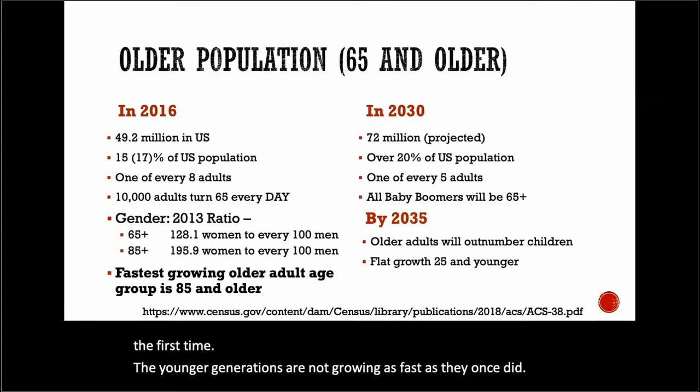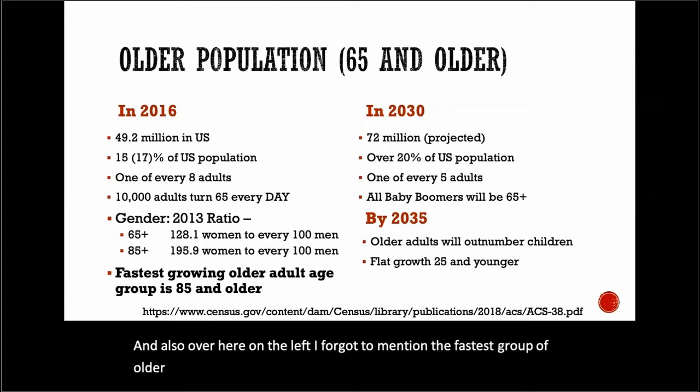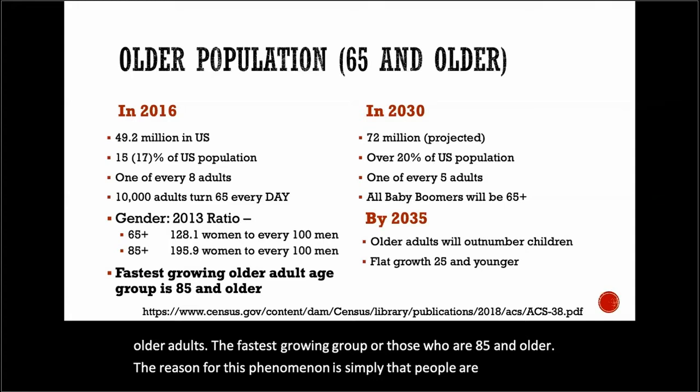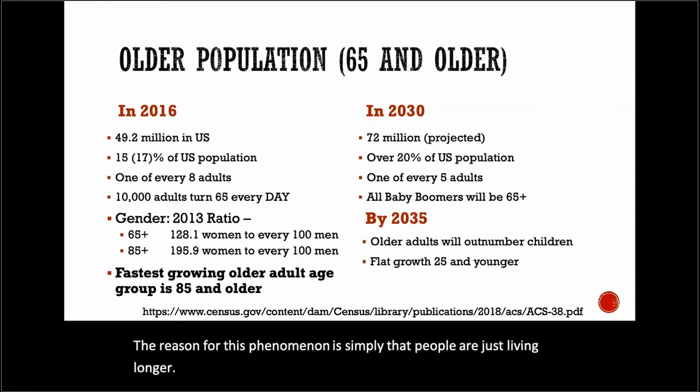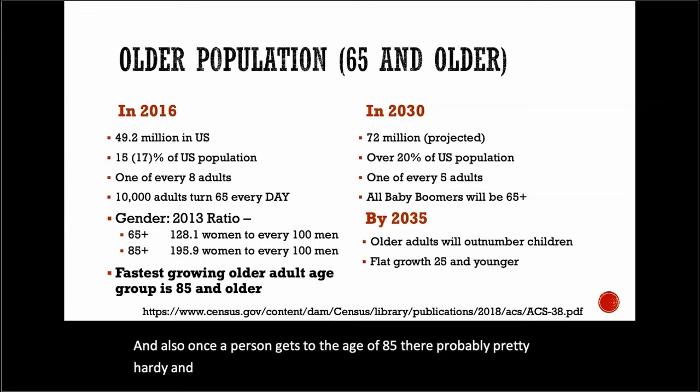And also, over here on the left, I forgot to mention the fastest growing group of older adults are those who are 85 and older. The reason for this phenomenon is simply that people are just living longer. And also, once a person gets to the age of 85, they're probably pretty hardy and strong. And so there's a good chance once a person gets to 85 that they will live a good bit longer.